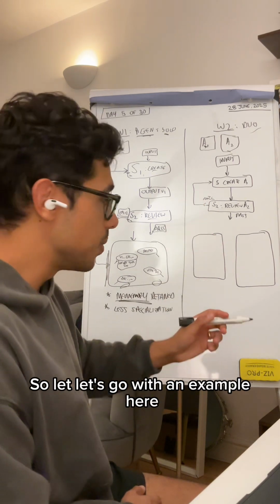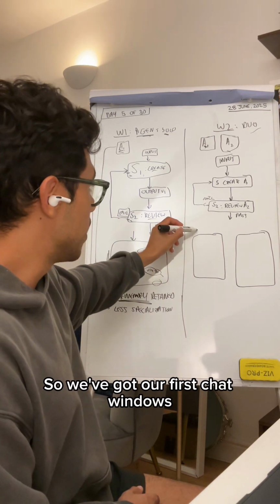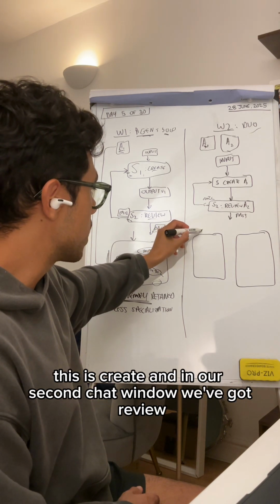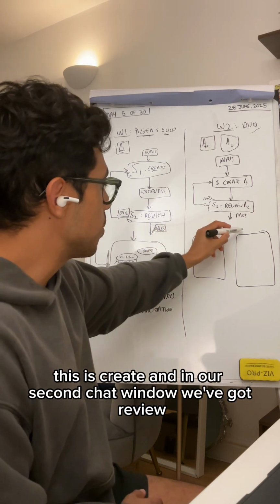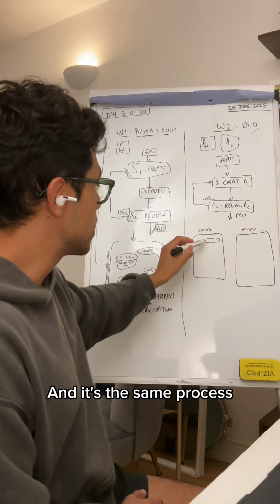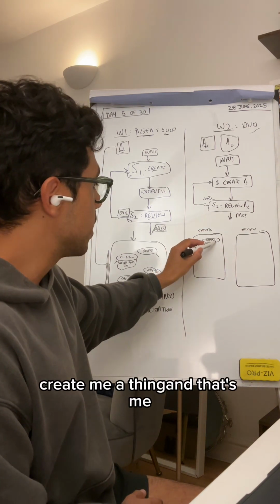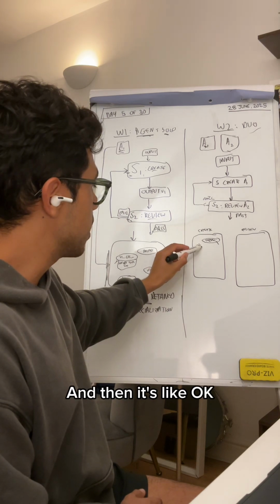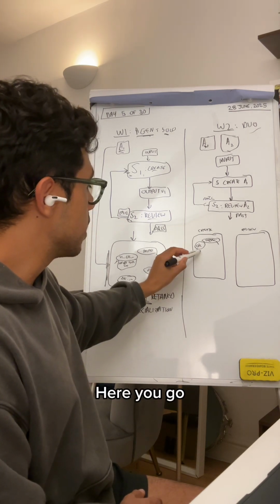So let's go with an example here. We've got our first chat window, so this is create, and in our second chat window we've got review, and it's the same process initially. Hey, create me a thing, and that's me, and then it's like, okay, let's go off and do that. Here you go.